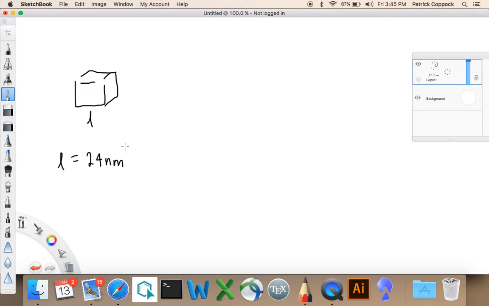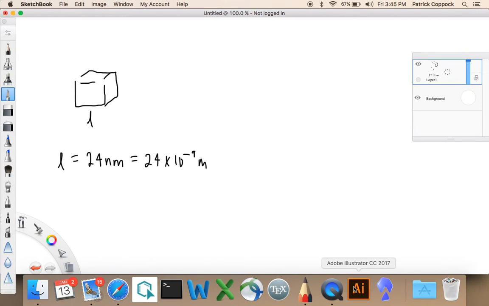Now, you may have seen me in class or in a previous video demonstrate that I get nervous when I'm dealing with units like this that are non-SI units. So oftentimes I'll replace the nano with what the nano means, 24 times 10 to the negative 9 meters. So I can end up with a unit that I'm comfortable with, like a cubic meter.